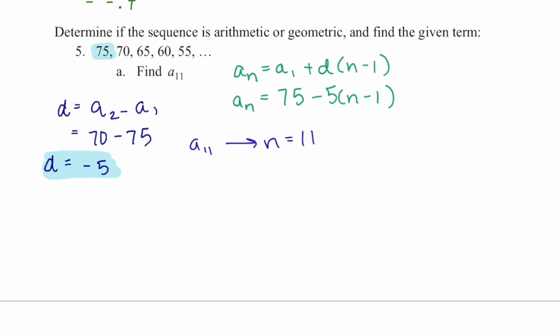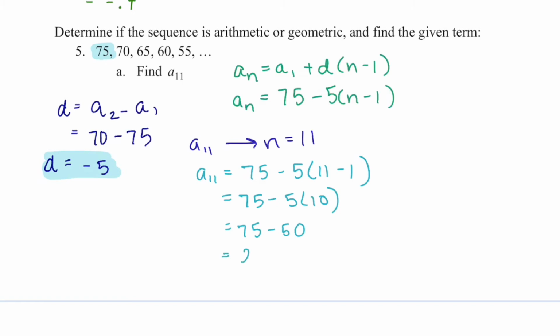So what I do there is go ahead and plug in 11 wherever I see an n. In my problem, that's going to be 75 minus 5 times 10, right? 75 minus 50. And our 11th term, our final answer here, is that A_11 is 25.